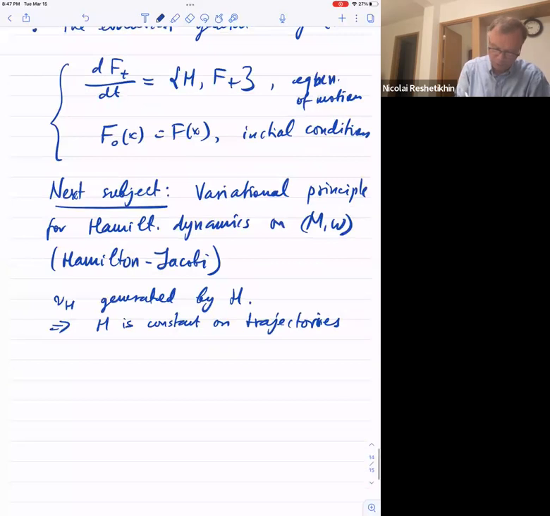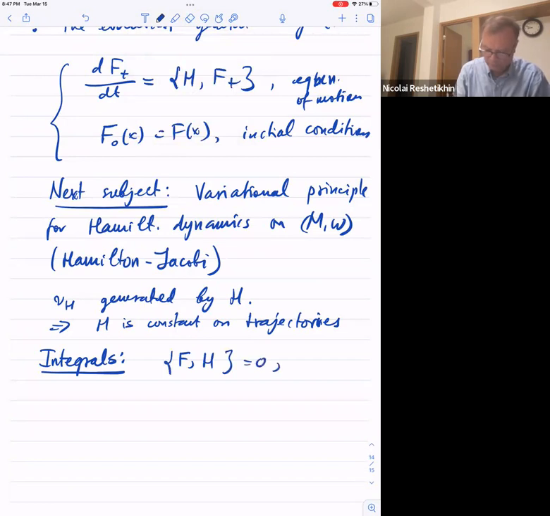And then there is also a very simple criterion for integrals of motion. You may have another function f such that its bracket with H is 0. If you found such a function, then you can reduce the dynamics to an even smaller submanifold, the joint level surface of H and f.